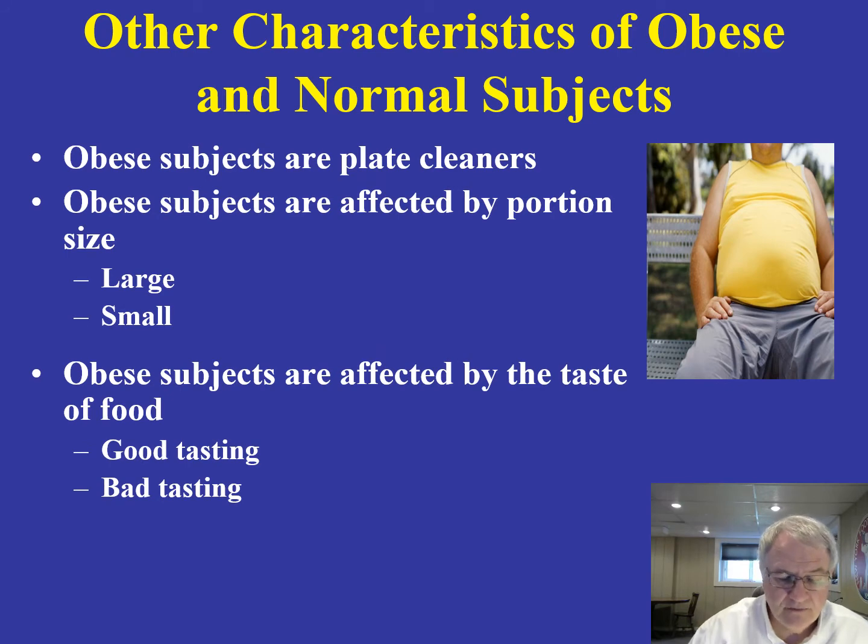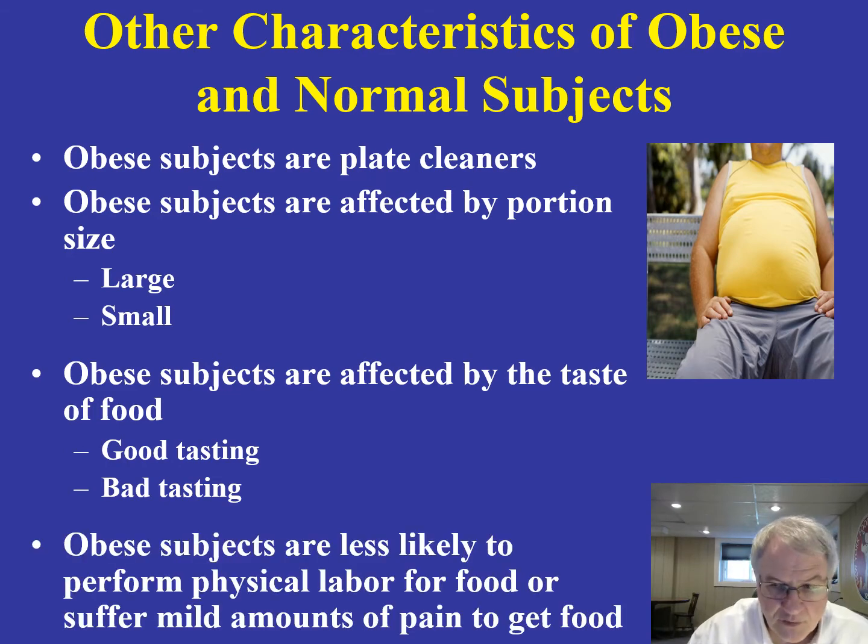Obese subjects are affected by the taste of food. If it's really good tasting food, then they eat a lot more of it than do normal subjects. If the food is bad tasting, and one way in which they manipulated this was to lace some of the food with quinine, for example, which is very bitter, obese subjects ate far less of the food than did normal subjects.